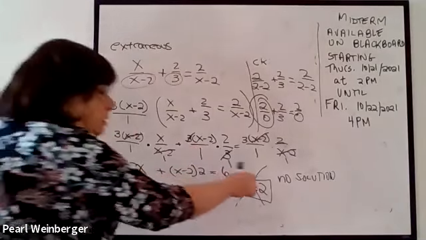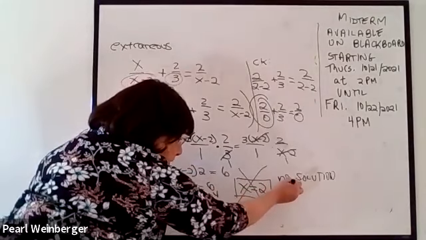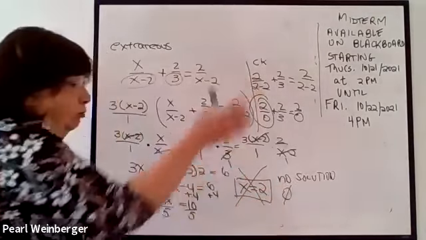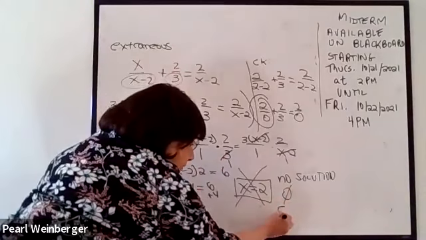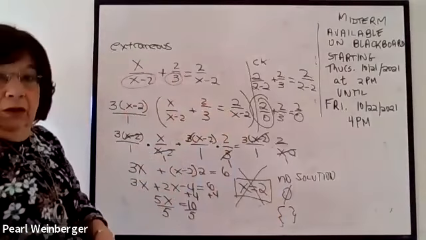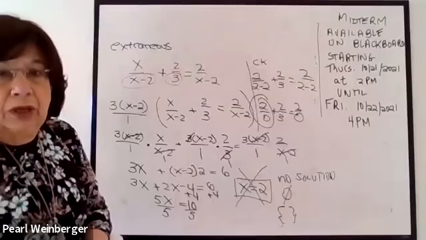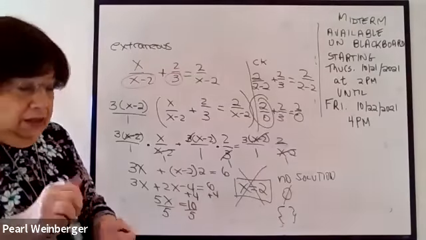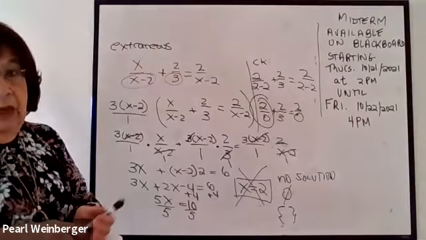In other words, we can write the words no solution. You could write it with a 0 with a line through it that also means no solution, or you could write it with brackets with nothing in it. That's also another way of writing no solution. But essentially what we're saying is this equation has no solution.